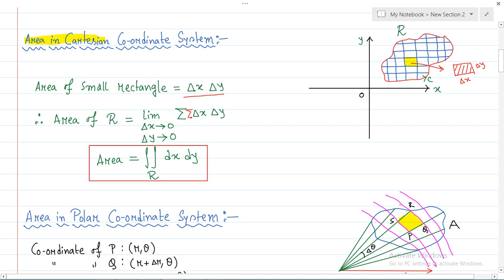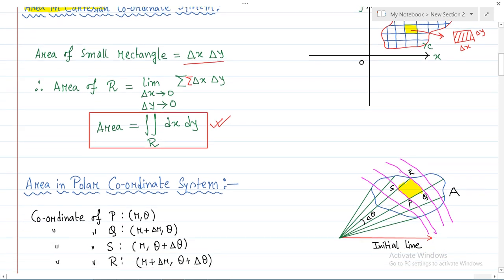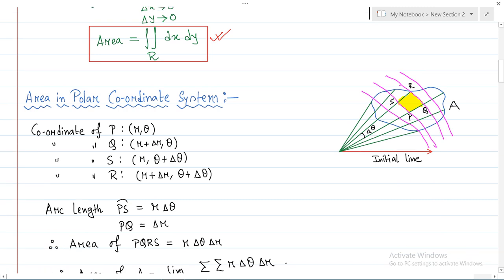This double summation is converted to a double integral as delta x and delta y tend to 0 in the limiting case. So we get the formula for area in the Cartesian coordinate system: the double integral over R of dx dy.